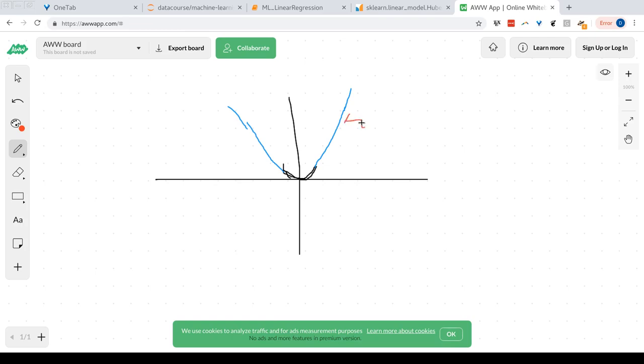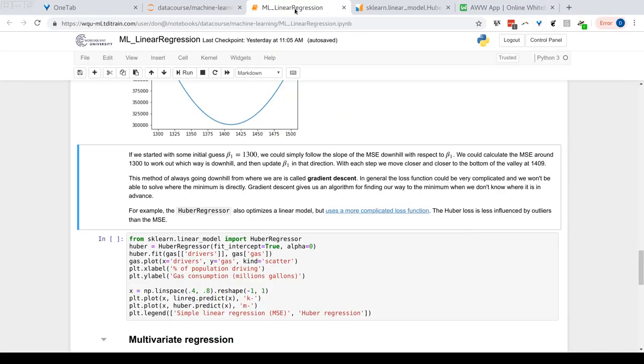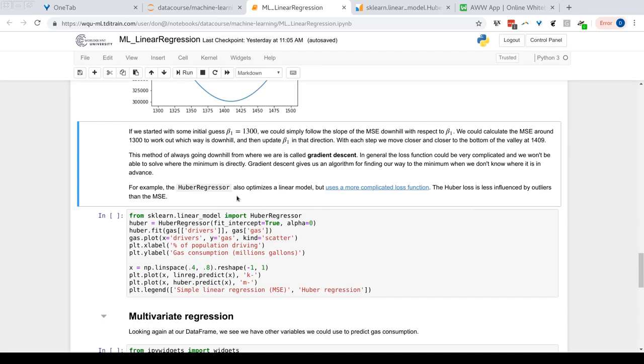So this right here is a line, but the space here is quadratic. And now this cost function is differentiable across the entire space. This is called the Huber-Loss cost function. So if we use the Huber-Loss model, it's not using the mean squared error, but this modified approach, so it's going to handle outliers better.